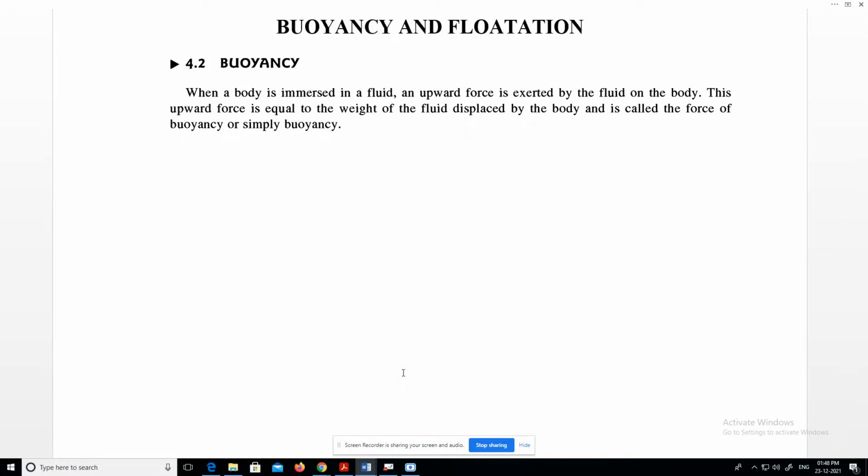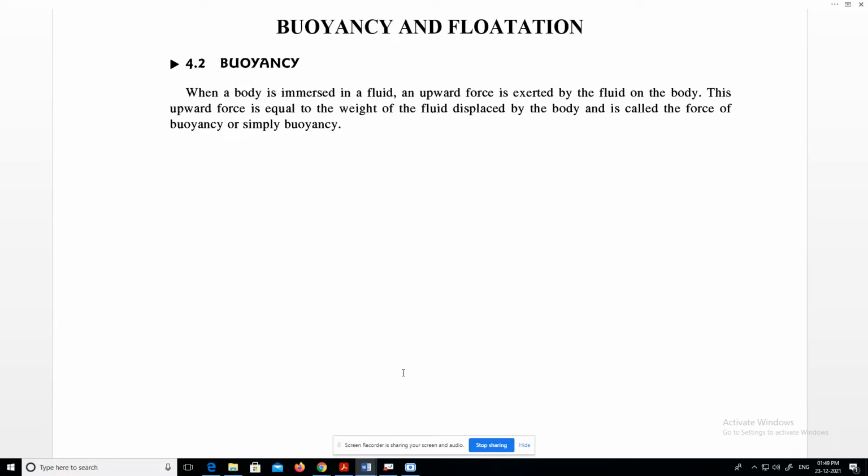I would like to take today's session about buoyancy and flotation. Last class itself, we have discussed so many things. What are the things we have discussed? The pressure measurement and how to measure the absolute pressure, atmospheric pressure, and vacuum pressure, and the types of gauges like diaphragm gauges, Bourdon tube pressure gauges, dead weight pressure gauges, bellows pressure gauges.